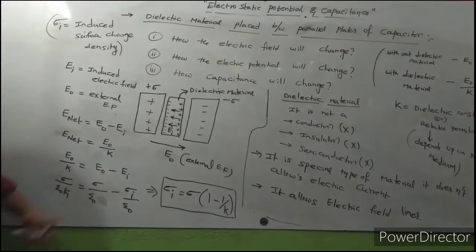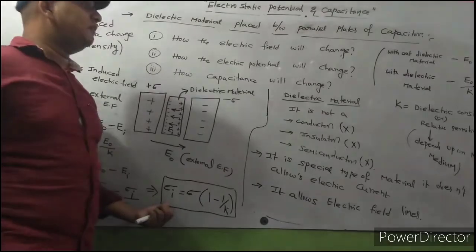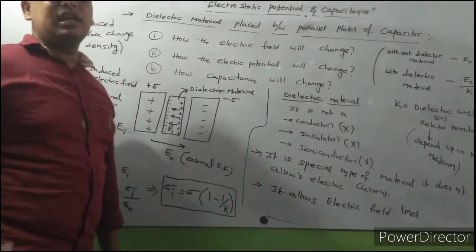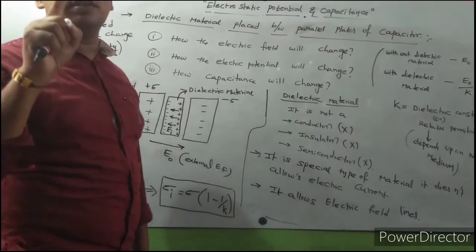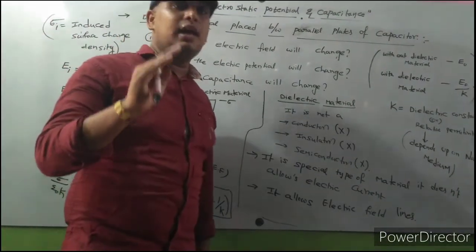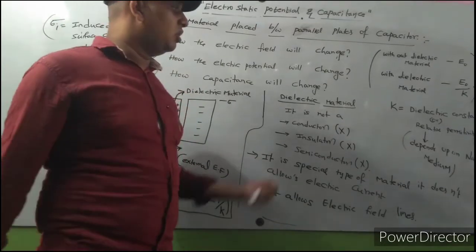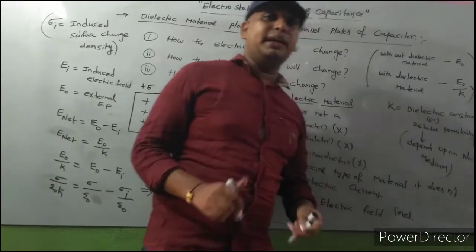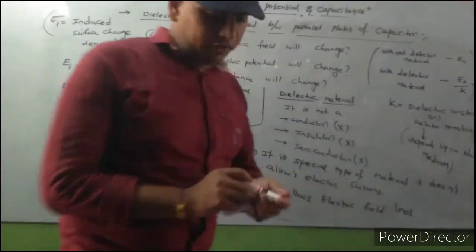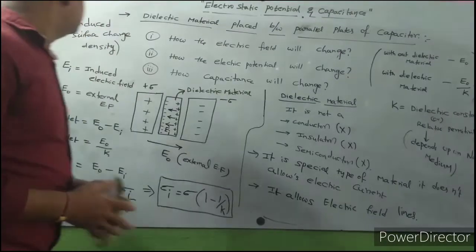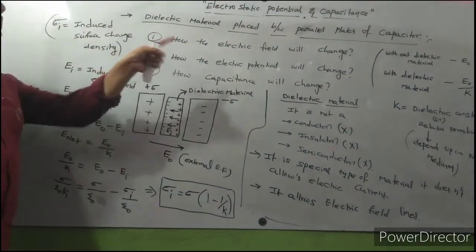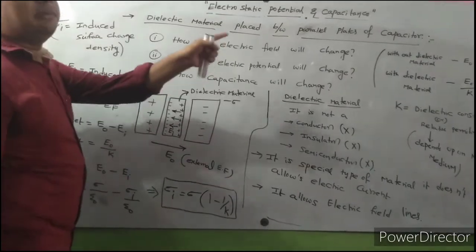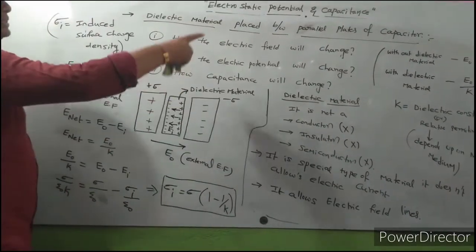This is very, very important. From this we got that the induced surface charge density is equal to sigma into 1 minus 1 by K. K means dielectric constant, also called relative permittivity. It depends upon the nature of the medium. So this is about how the electric field changes. Now we are going to discuss how the electric potential will change and how the capacitance will change.